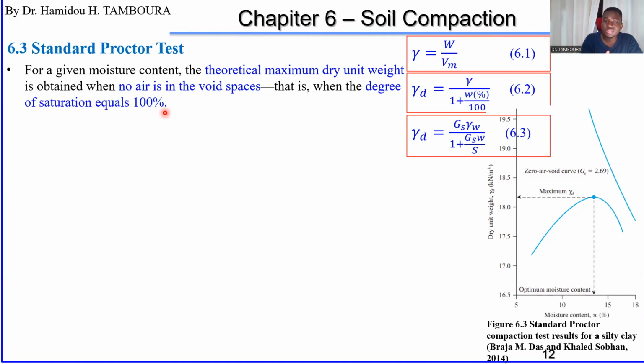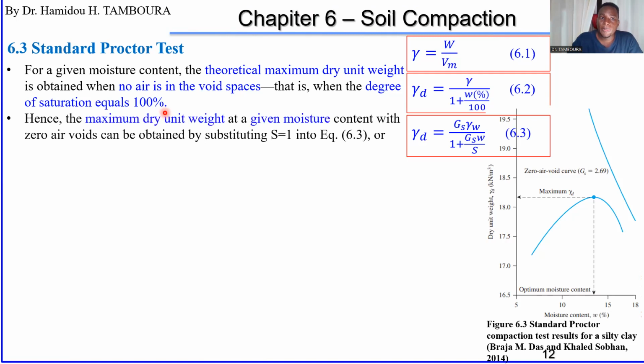Technically, it means the soil is saturated. Soil can be saturated only if there is no air in the voids, in the spaces. In that case, it means the degree of saturation is 100%.